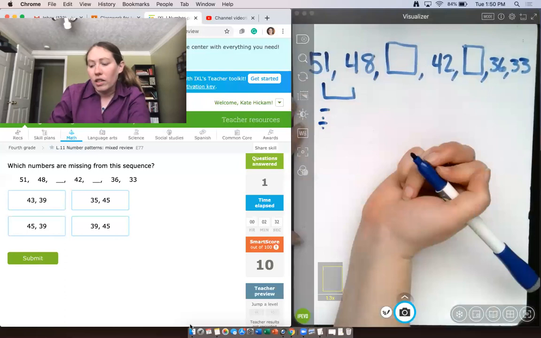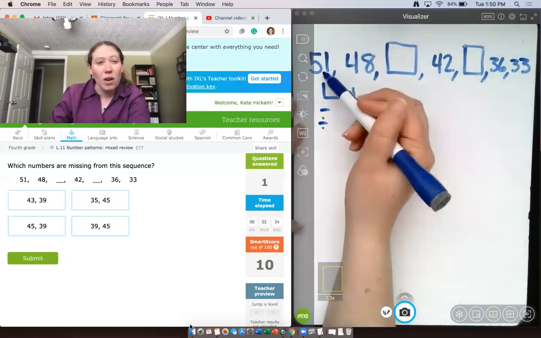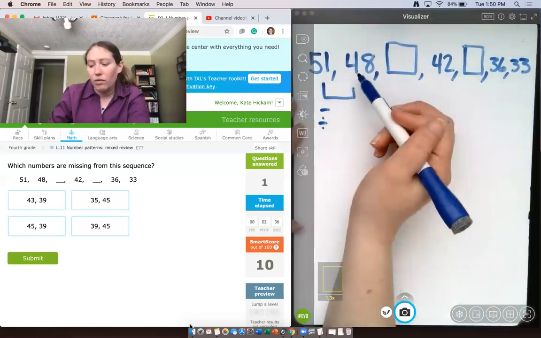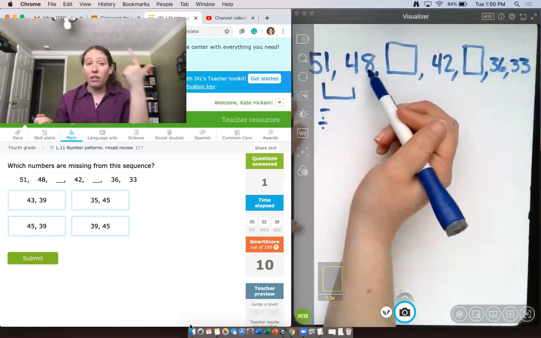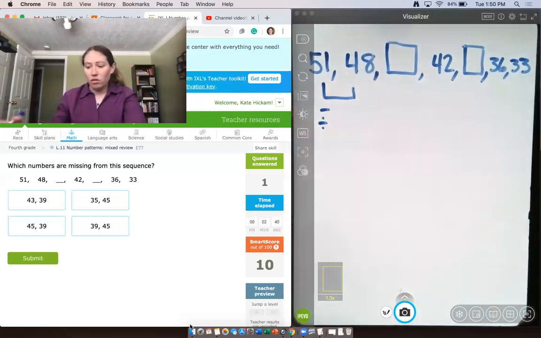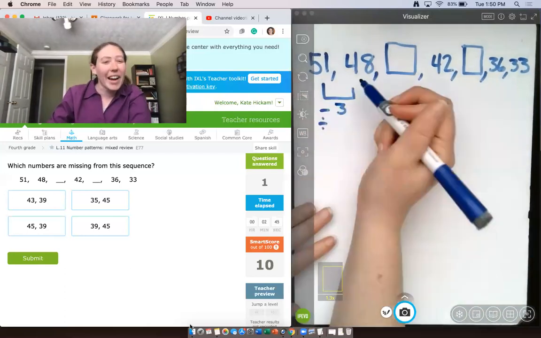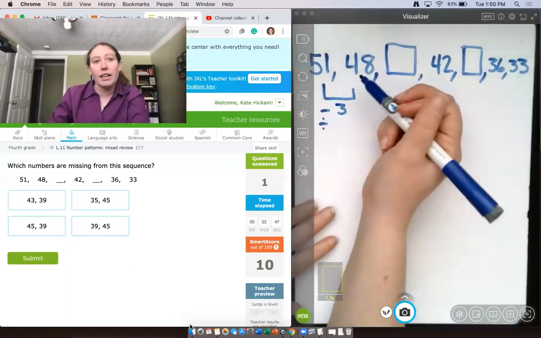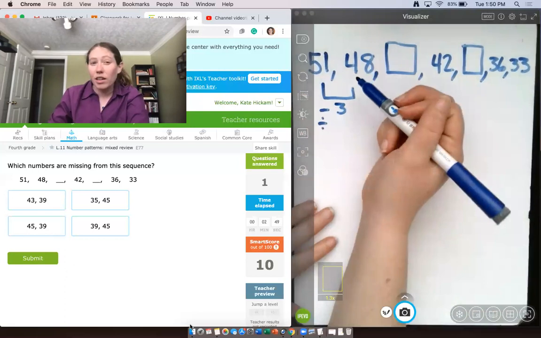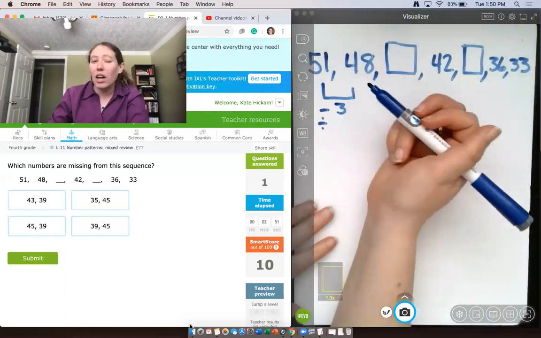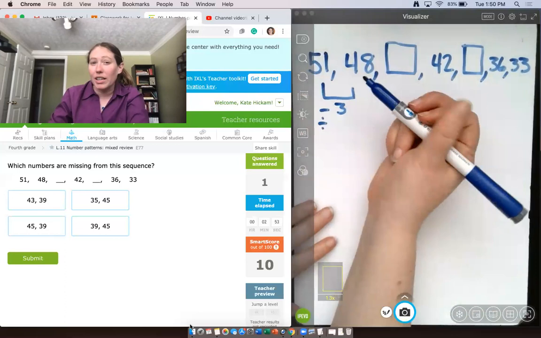So 51 minus what equals 48? Well, 48, 49, 50, 51. So minus 3. Or 51 divided by what equals 48? I don't know that off the top of my head, but I'm pretty confident that that is not going to go in evenly.